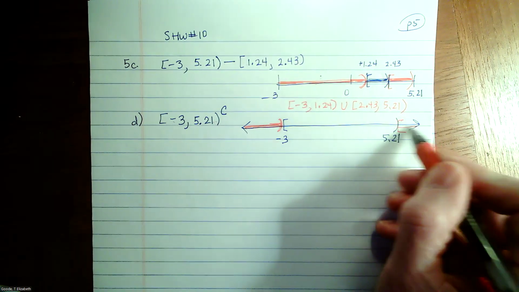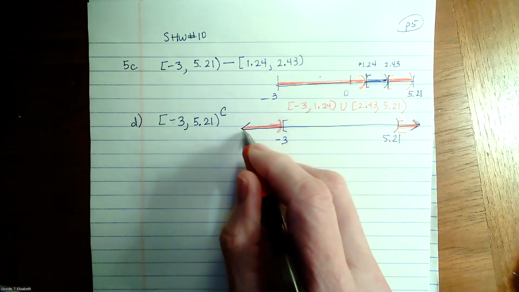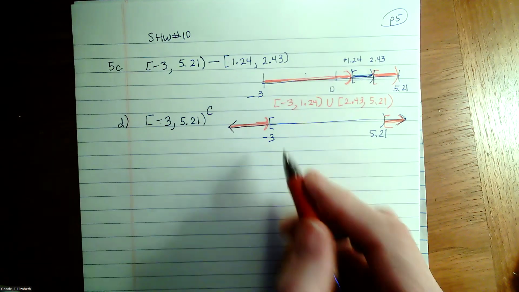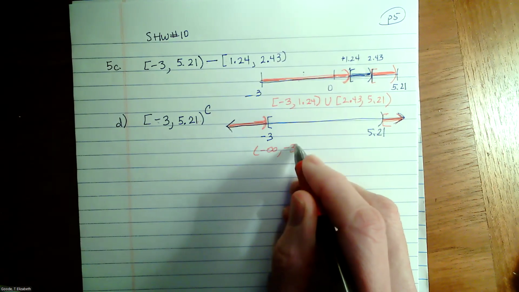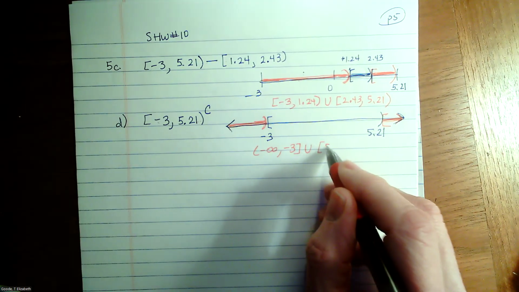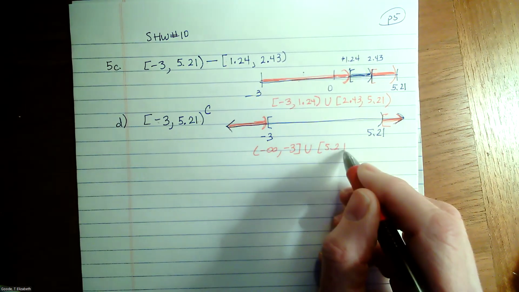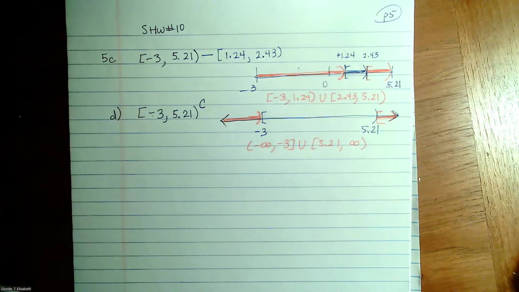So it is in the complement because it's not in the original set. Does that make sense? Yes. So it's -infinity to -3 inclusive, union square bracket 5.21 to infinity. Okay, I understand that. Thank you. You're very welcome.